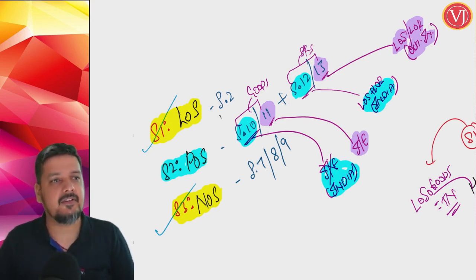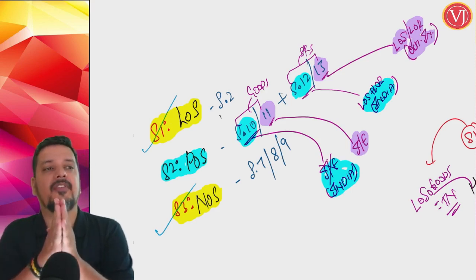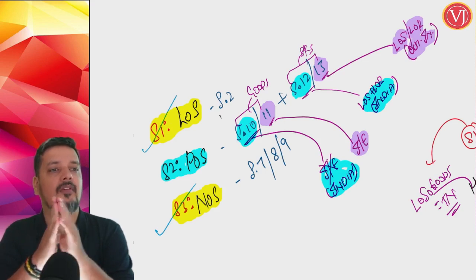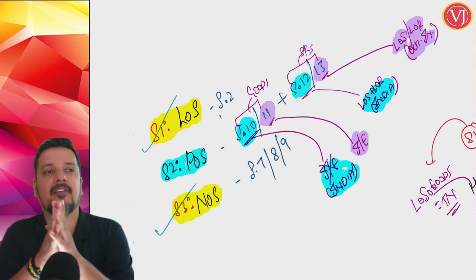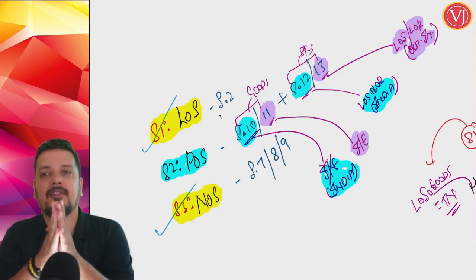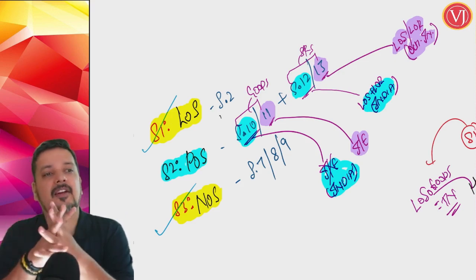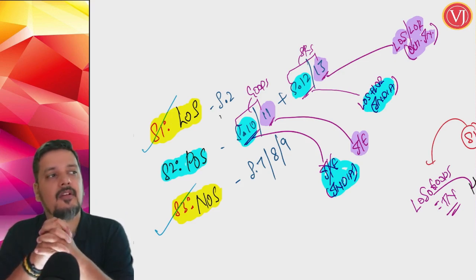Are you guys clear with this entire understanding? So when you talk about domestic transaction of goods, section 10. International transaction of goods, import export, section 11. Domestic transaction of services, section 12. Both LOS, LOR in India. Both supplier and recipient are in India. International transaction of services, section 13.